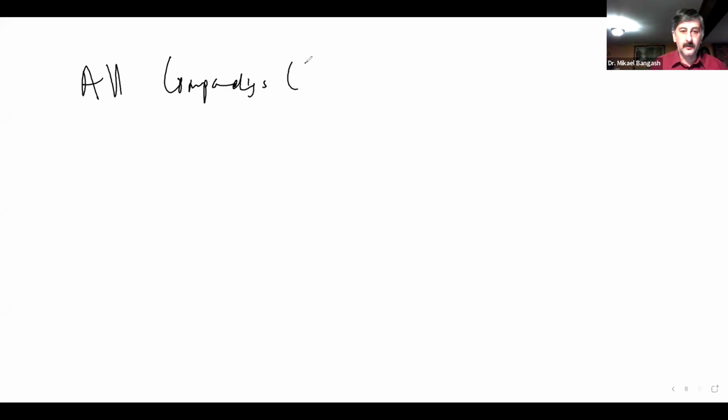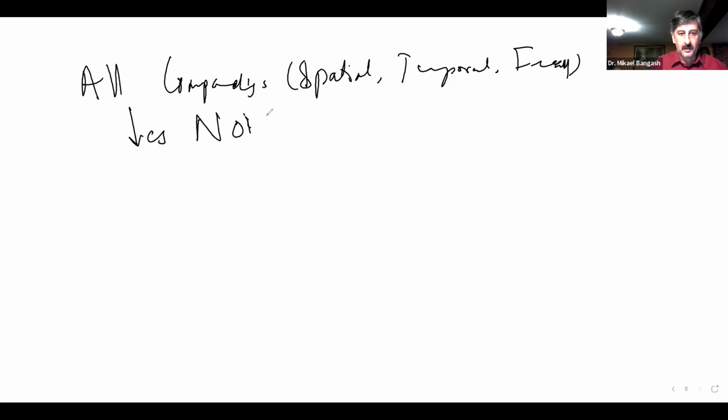No. Good. Now, one common benefit of all compoundings, whether that is temporal, spatial, or frequency compounding, is that they reduce noise production.